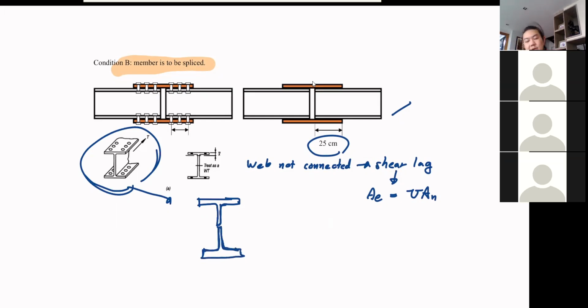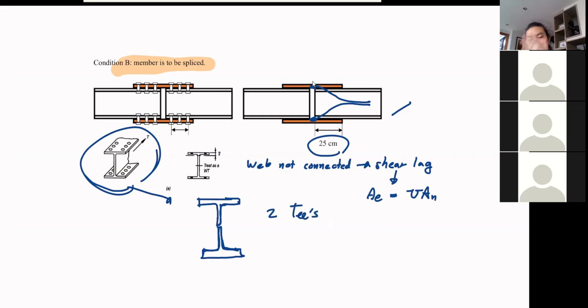It makes sense in a way because we don't connect the web, right? So when the force comes, they will be forced to split to go to the top and then to go to the bottom. So they will split in half. So basically, we can look at this H as two T's put together. Two T's like that, put together.